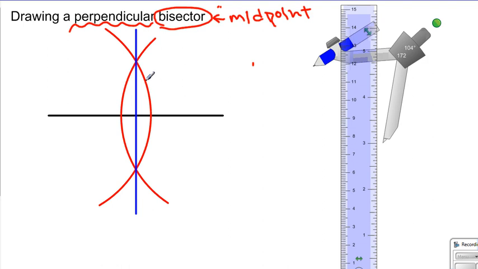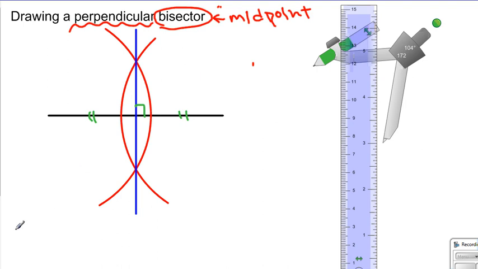This blue line will be the bisector, meaning it will divide this line segment into two equal parts. Right here, that portion must be equal to that portion. And also, it will be perpendicular to the black line right over here. All right, so this is how you can draw a perpendicular bisector. You can practice that more.